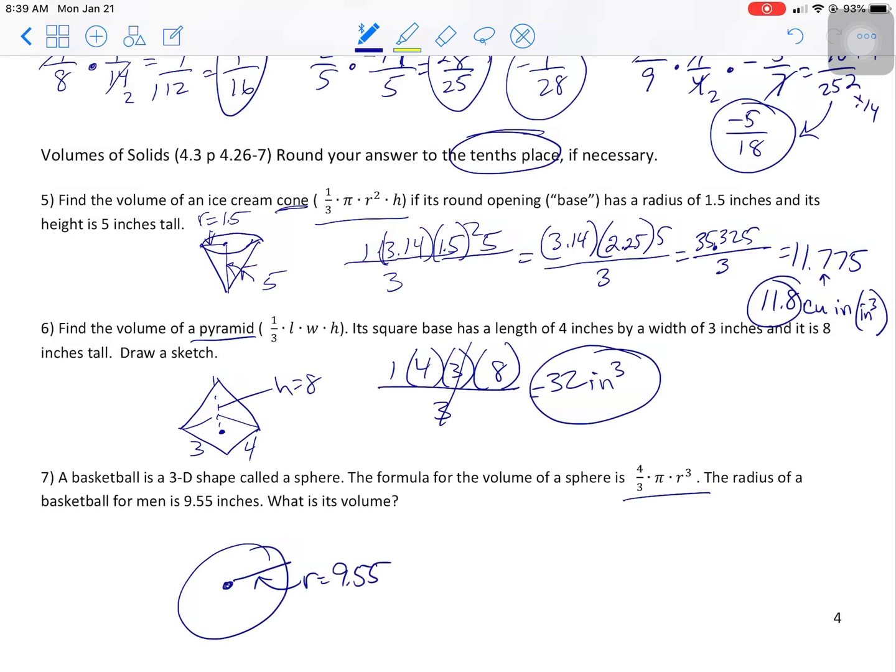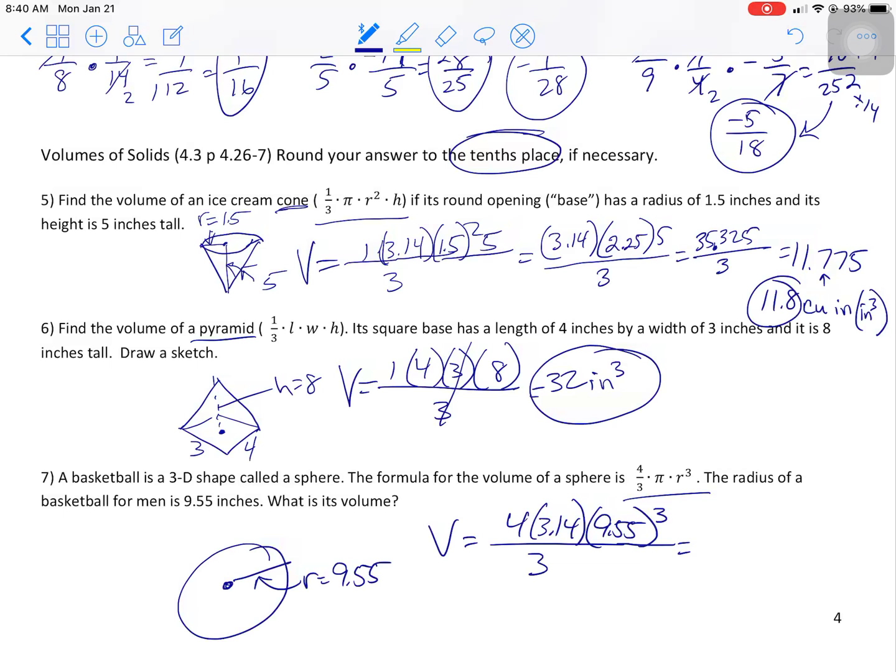What is its volume? All right, so I like to put these fractions this way. It's just easier for me. I find it easier. Nothing wrong with that. I think it cuts down on the errors. It didn't last time, but let's try.